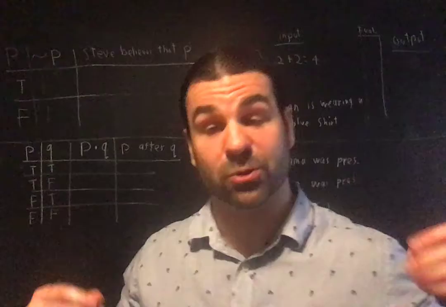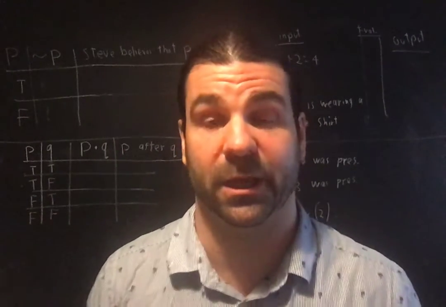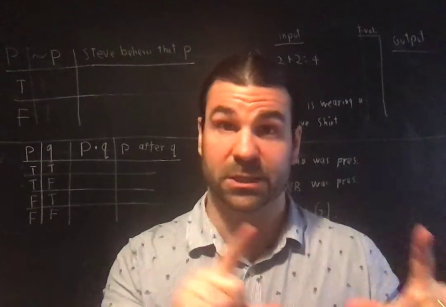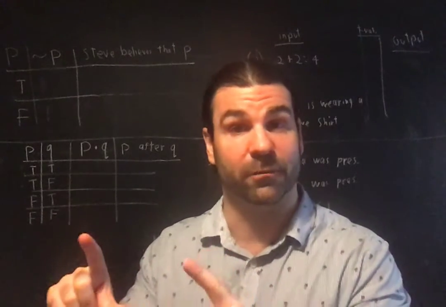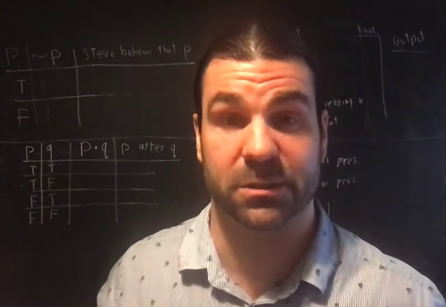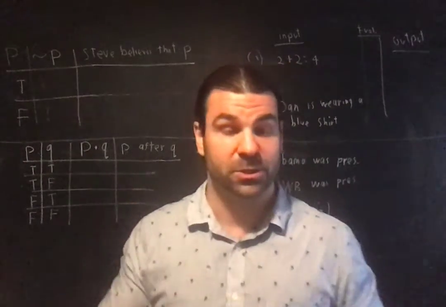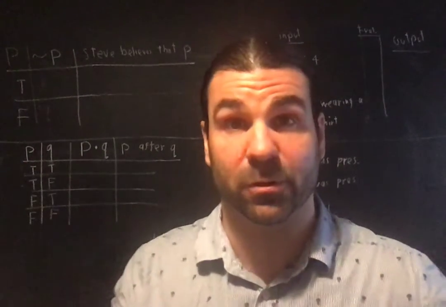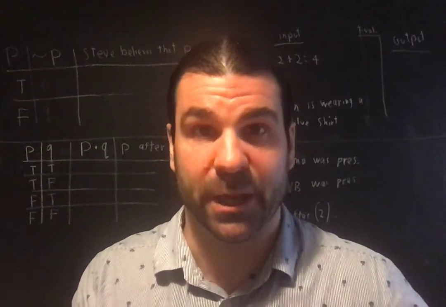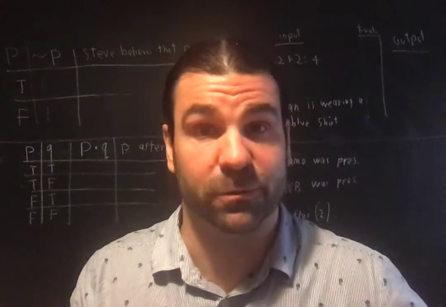Now, in the definition of truth functionality, the truth value of the compound sentence is determined by the truth value of the component sentence or sentences. The truth values for us are merely true or false. Every sentence has a truth value, and that truth value is either true or false.